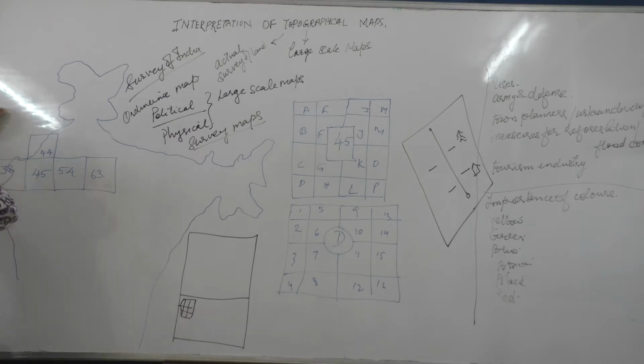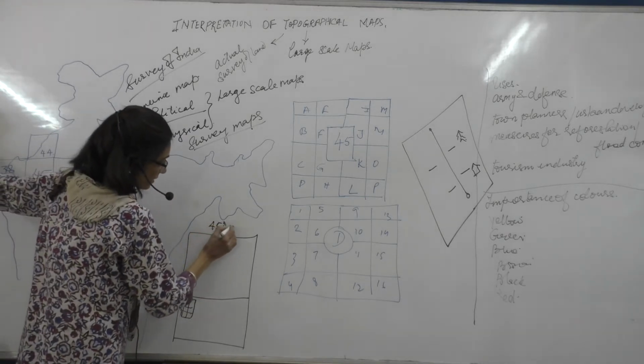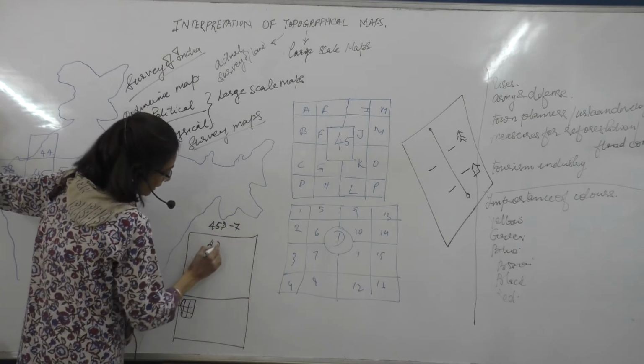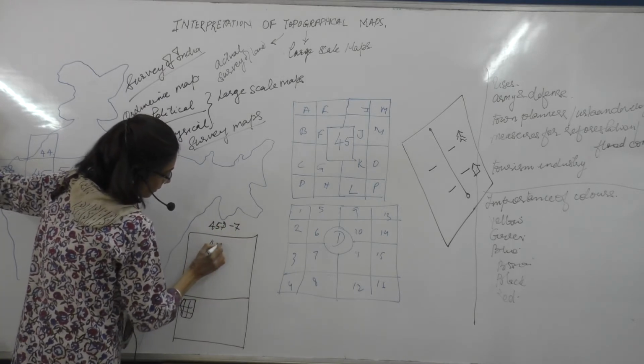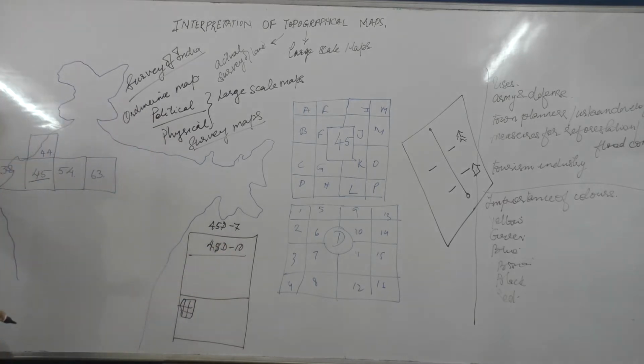Generally the topo sheet given in the exam is 45 D7, or 45 D10. Many times these two sheets are given. This 45 belongs to the region of Rajasthan.